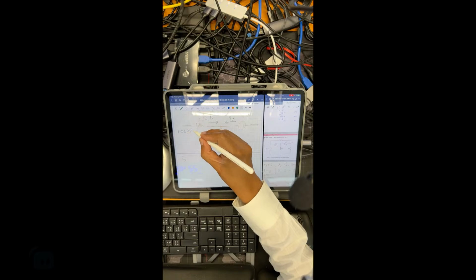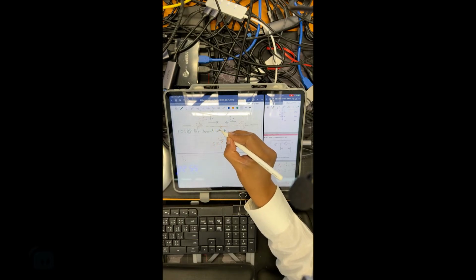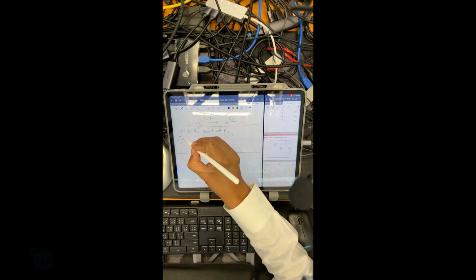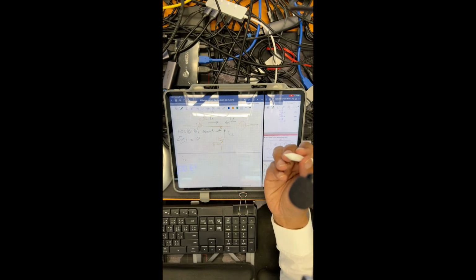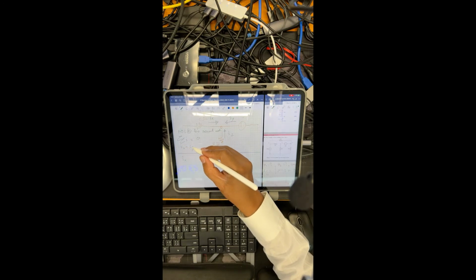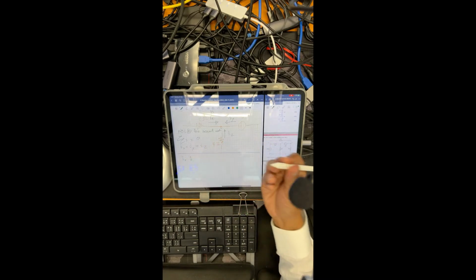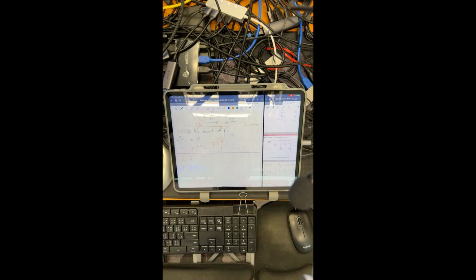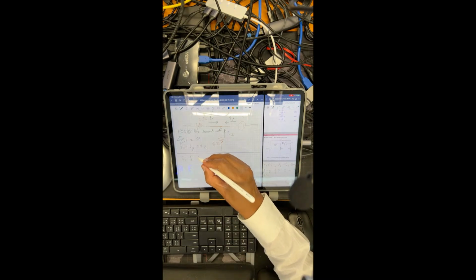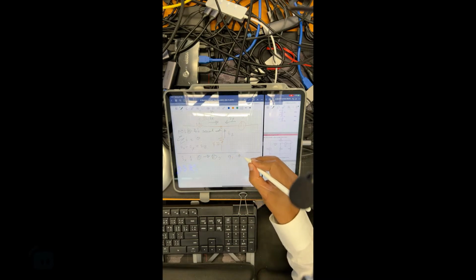KCL at the second node: we have the summation of I remains 0, so Ix plus Iy plus Iz. Ix starts from node number 1 to node number 2, from V1 to V2.